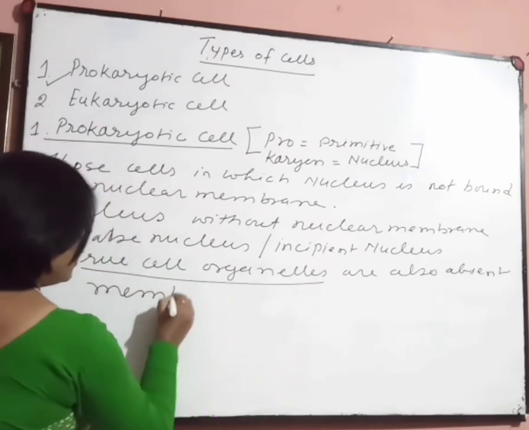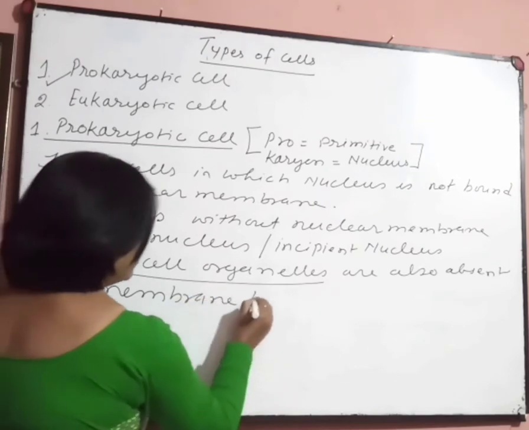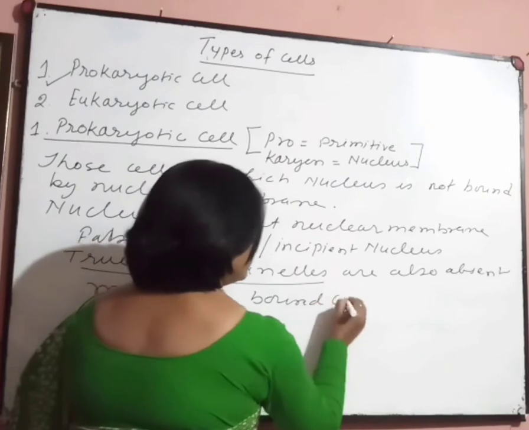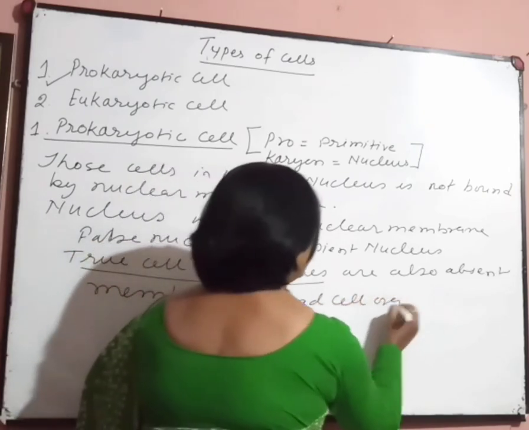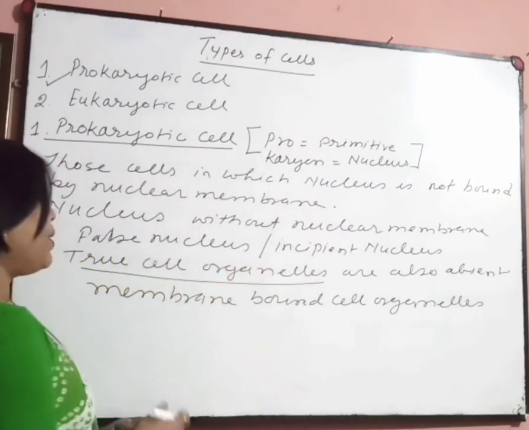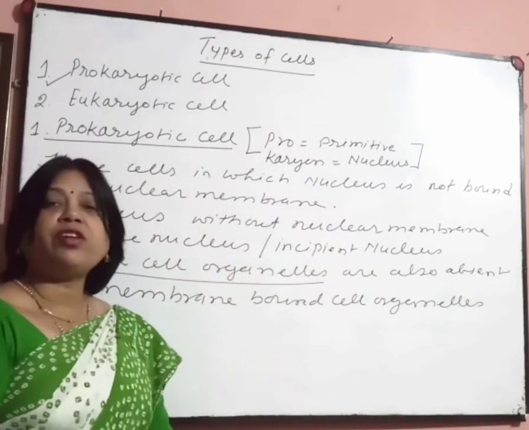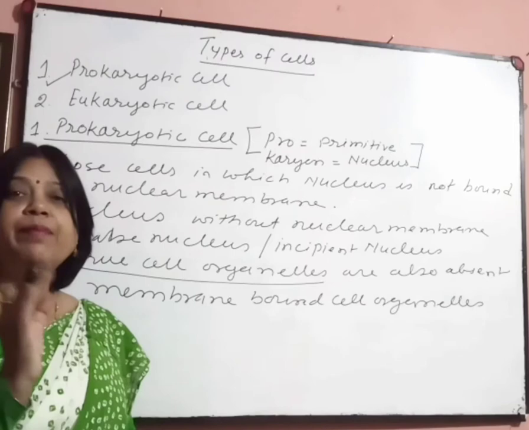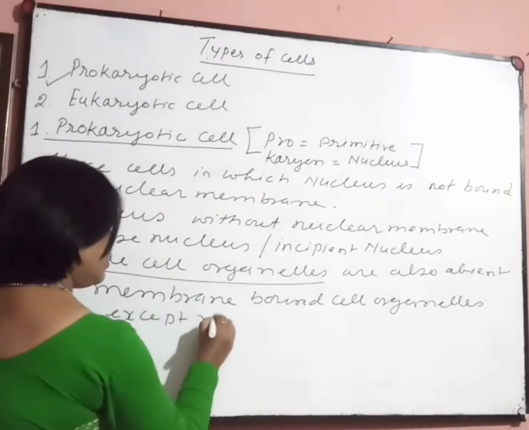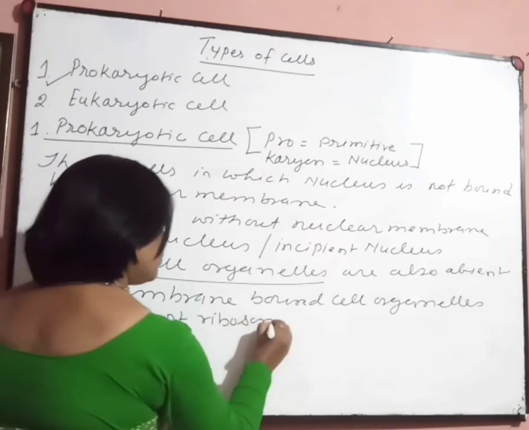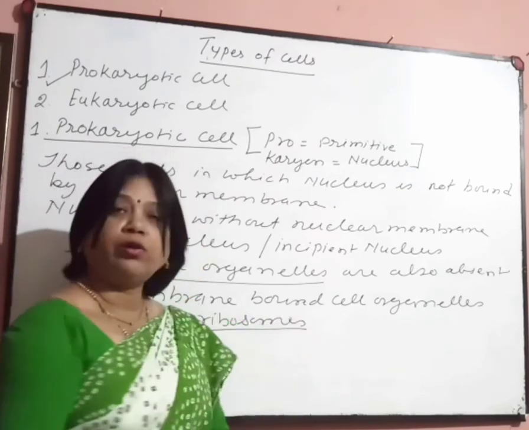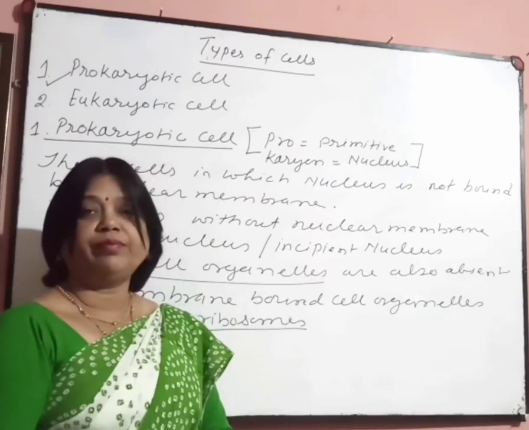That means membrane bound cell organelles. So these membrane bound cell organelles are absent in the prokaryotic cell except ribosomes, because ribosomes are not bound by membrane.